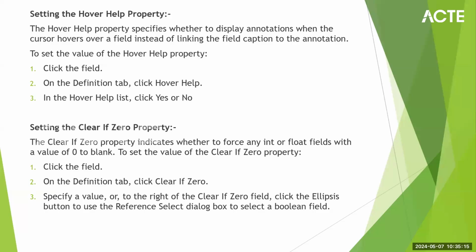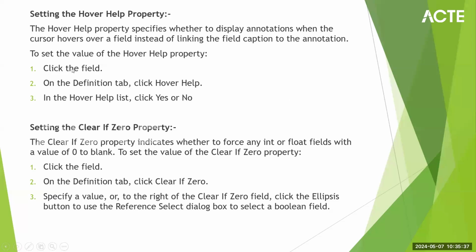Or this is also called, in other way, when the mouse hovers on any field or any button, for example, this is the field. When I hover on this particular field, a few fields will be displayed.